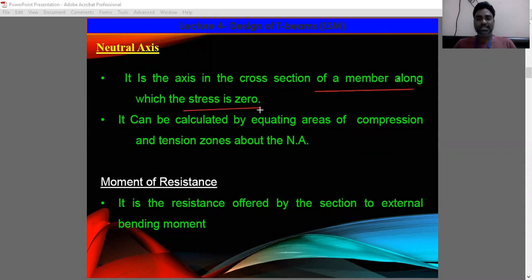At the neutral axis the stresses are zero, and above and below it the section is divided into a compression zone and a tension zone. If it is a simply supported beam, the tension zone is on the bottom fibers and the compression zone is on the top fibers. If it is a cantilever beam, the compression fibers are on the bottom side and the tension fibers are on the top side.